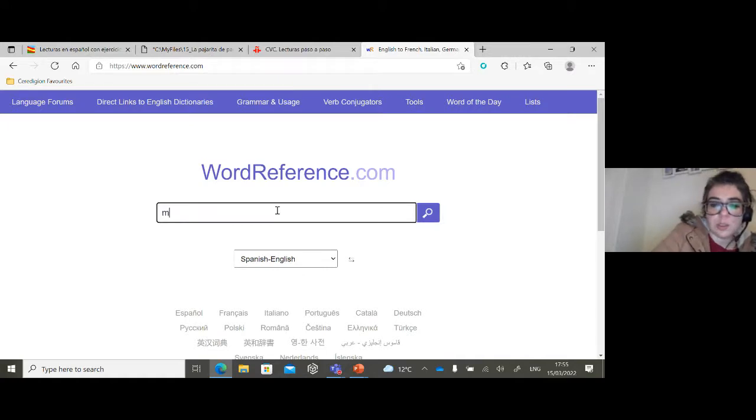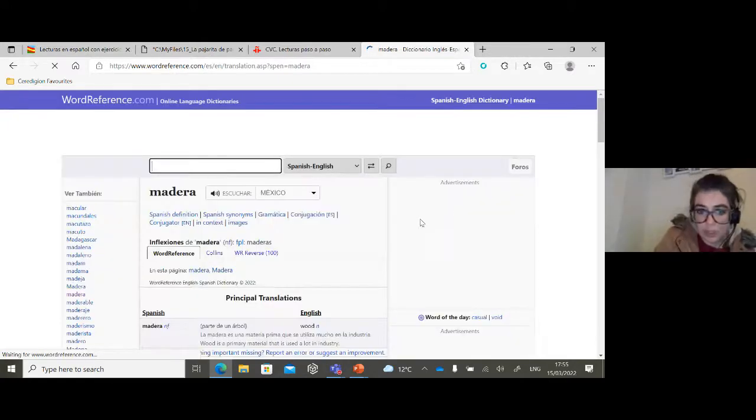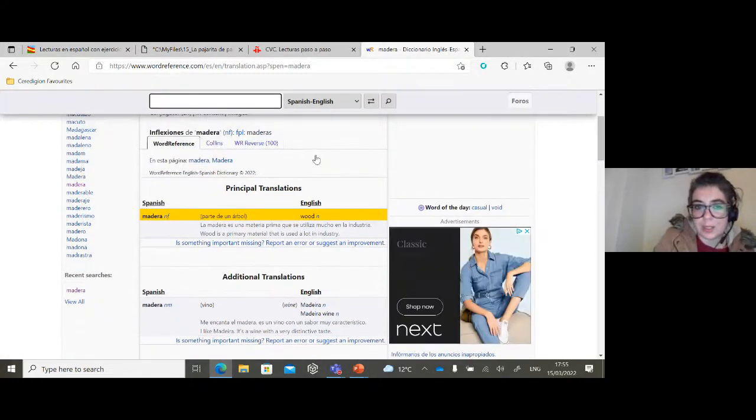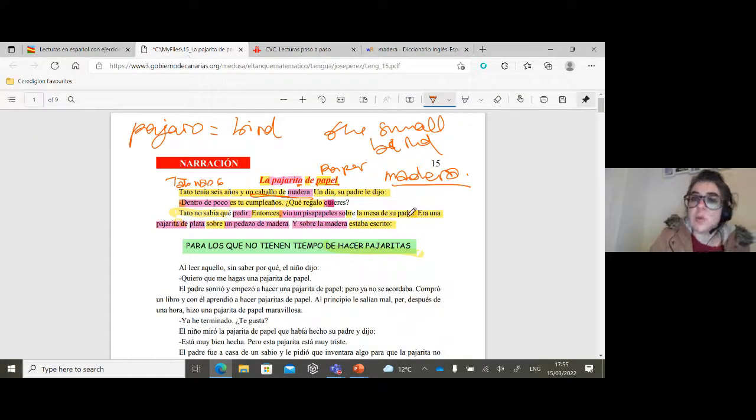So you put madera if this is an unfamiliar word, and check the word. Yeah, so you got wood in here and the explanation. Okay, so that's one exercise.